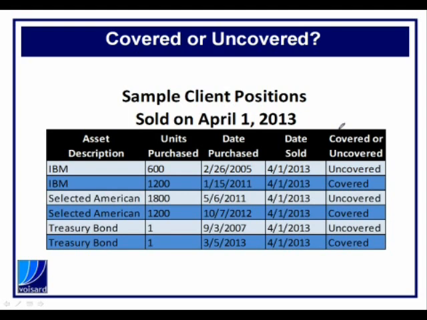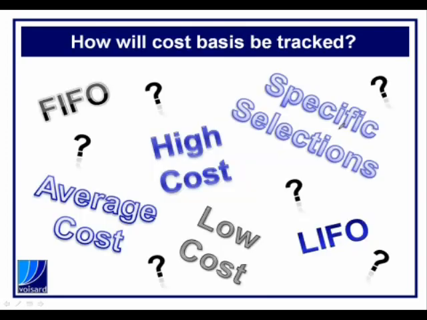So it gives you an idea of what Schwab will do and how the assets will be recognized by them. So you have a big tax position that is covered, a portfolio that has a number of different things in there, and you've got this issue of how it is going to be tracked.